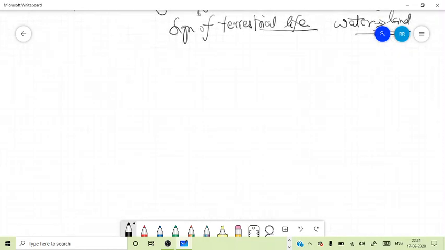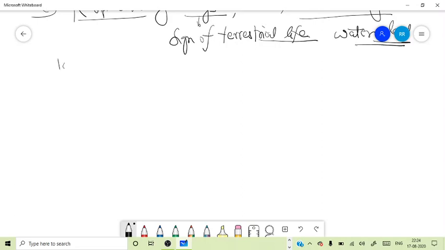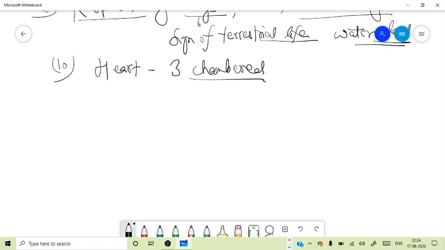Next, the 10th point, that is, the heart is 3-chambered, whereas in fishes the heart is 2-chambered. Here in amphibians the heart is 3-chambered, so it is also a sign of evolution.